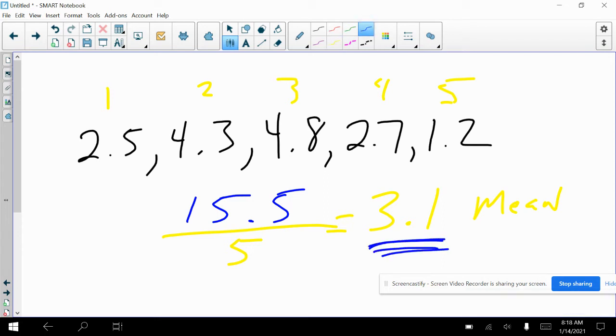Now here's what I want to say about the mean. I'm going to say the majority of the time, the mean is not going to be a whole number. There's no way. You're just dealing with too many numbers, evens and odds, right? And dividing them by an even or odd number, for it to come out to be a whole number is very rare most of the time.